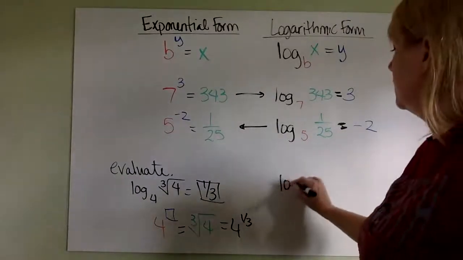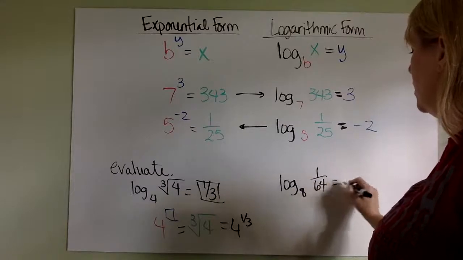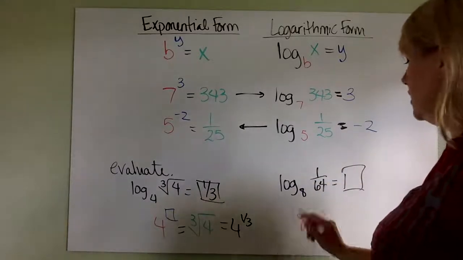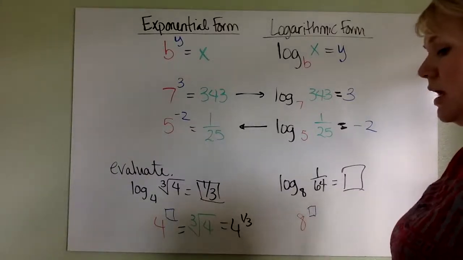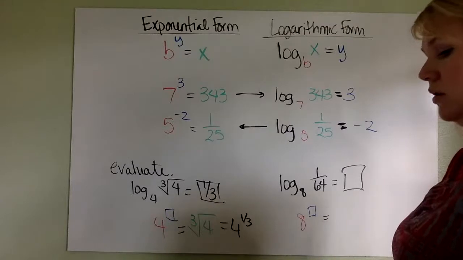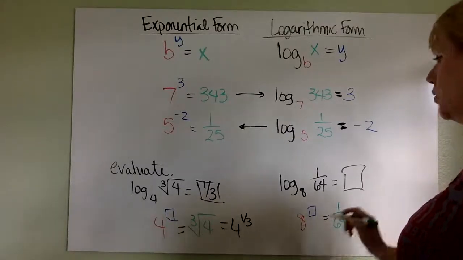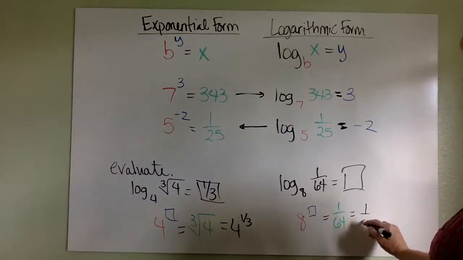Log base 8 of 1/64. What does that equal? So the base is 8. The exponent, that's the number that goes here. That's what we're looking for. And then that's equal to 1/64. Okay, so 64 is the same as 8 squared.